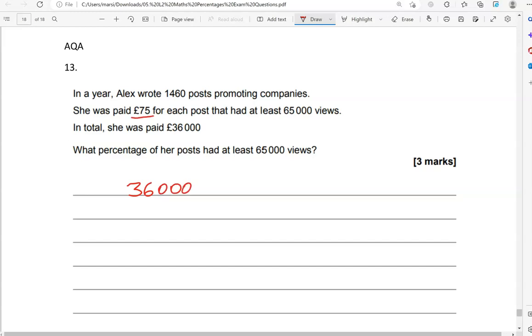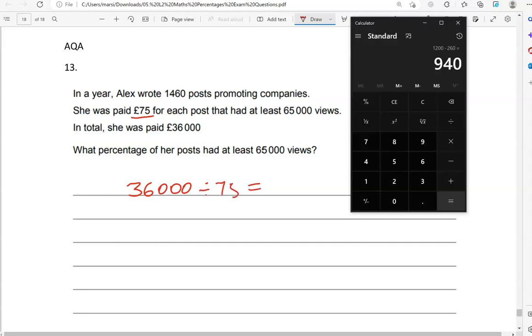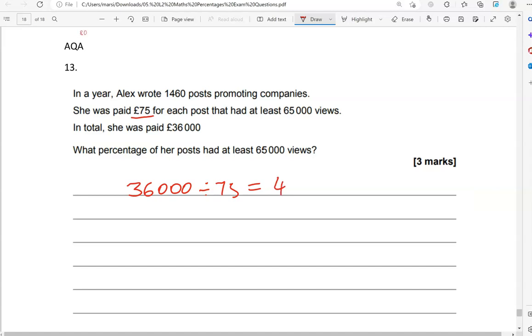And it's £75 per post. So we're going to divide that by 75 to work out how many posts. So 36,000 divided by 75 gives us 480. So that's how many posts had at least 65,000 views.